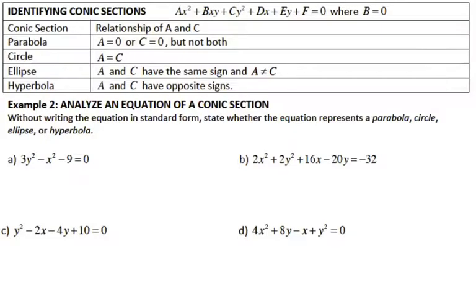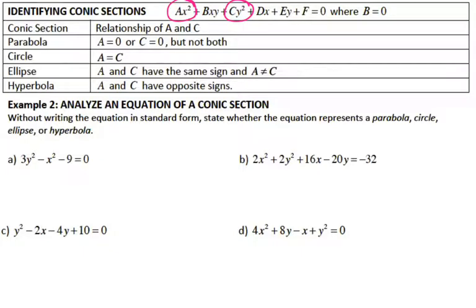The next thing we're going to look at is identifying conic sections just based off of their equations. So we're not going to actually change each of the equations into standard form to identify the conic because that would take way too much work. Instead, what we're going to do is compare your x squares and your y squares. So all of these pieces of information written over here are comparing your x squared and your y squared.